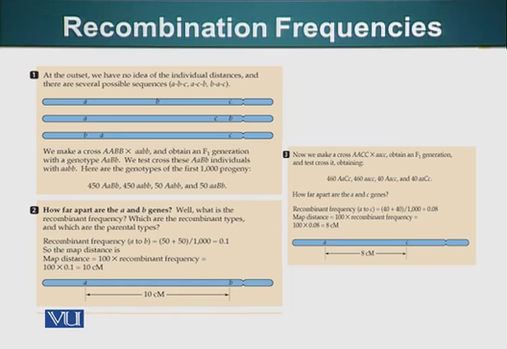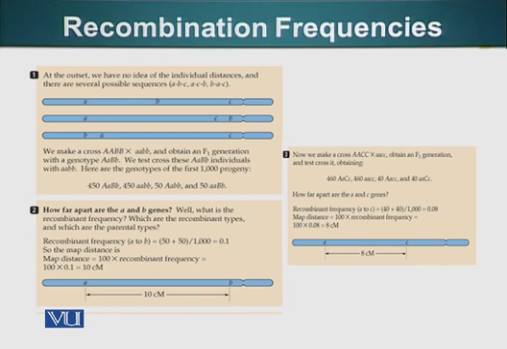The way we calculate their frequency is, as I have mentioned, we add the recombinant phenotypes, which is 50 plus 50, and divide it by the total number of offspring, which is 450 plus 450 plus 50 plus 50, and that equals 1000. So the recombinant frequency is 0.1.